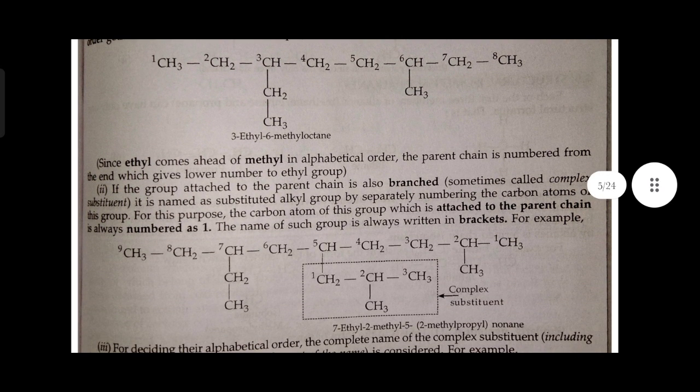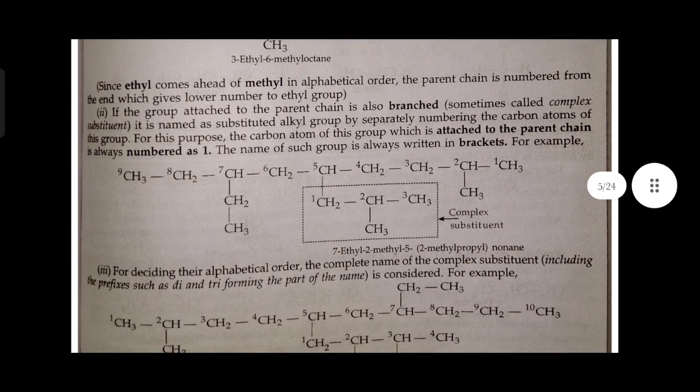Second, if the group attached to the parent chain is also branched, it is named as a substituted alkyl group by separately numbering the carbon atoms of this group. For this purpose, the carbon atom of this group which is attached to the parent chain is always numbered as 1. The name of such a group is always written in brackets.